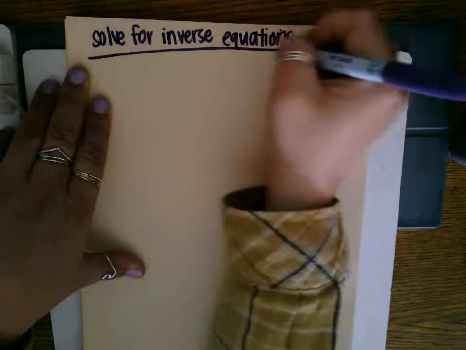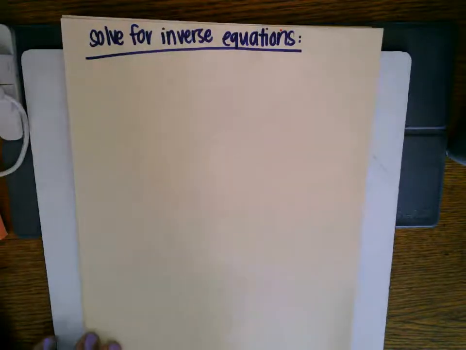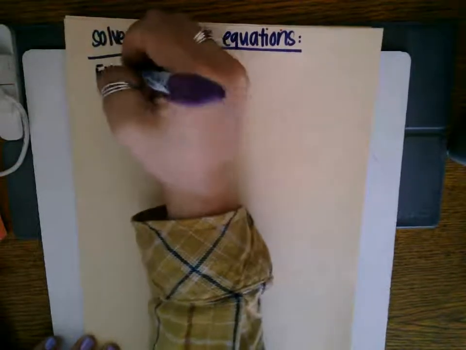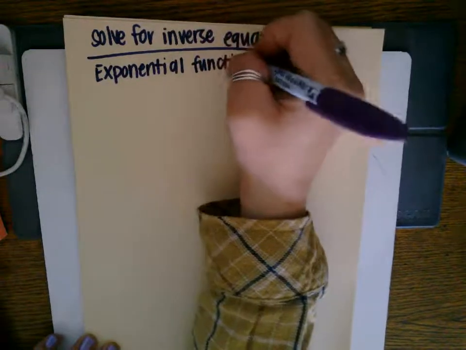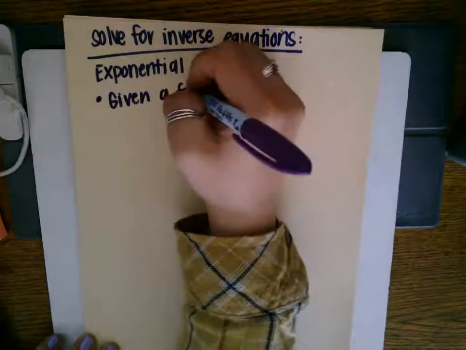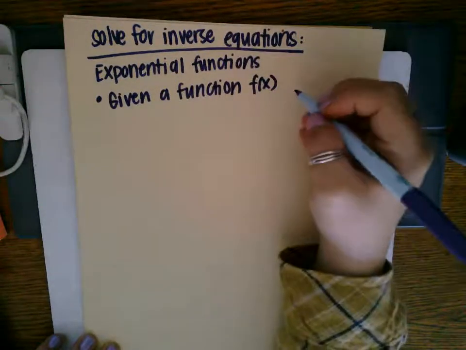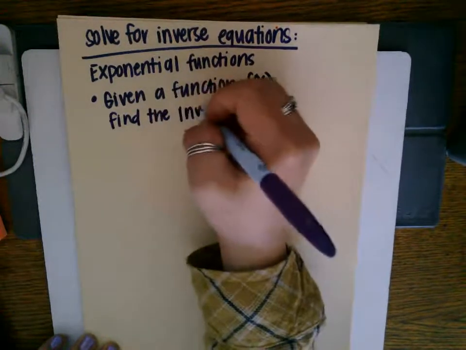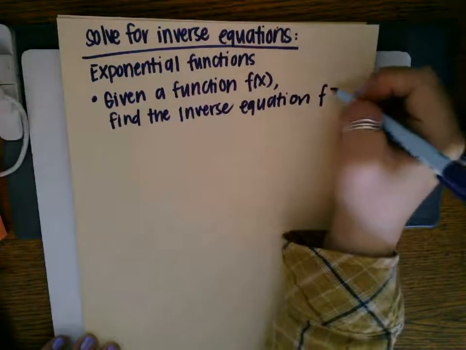The way that we're going to solve for inverse equations is based upon an equation given to us. So in this section, we're going to talk just about exponential functions. And specifically, given a function f of x, our goal is going to be to find the inverse equation f inverse of x.